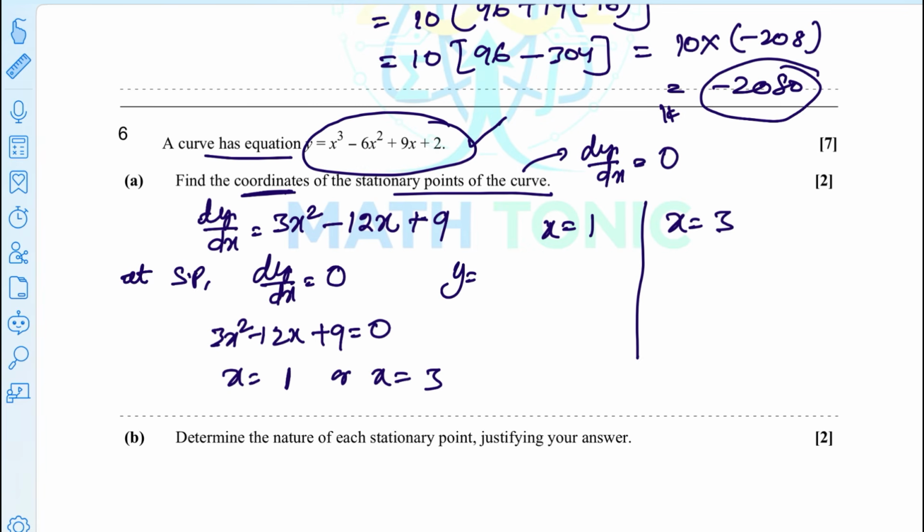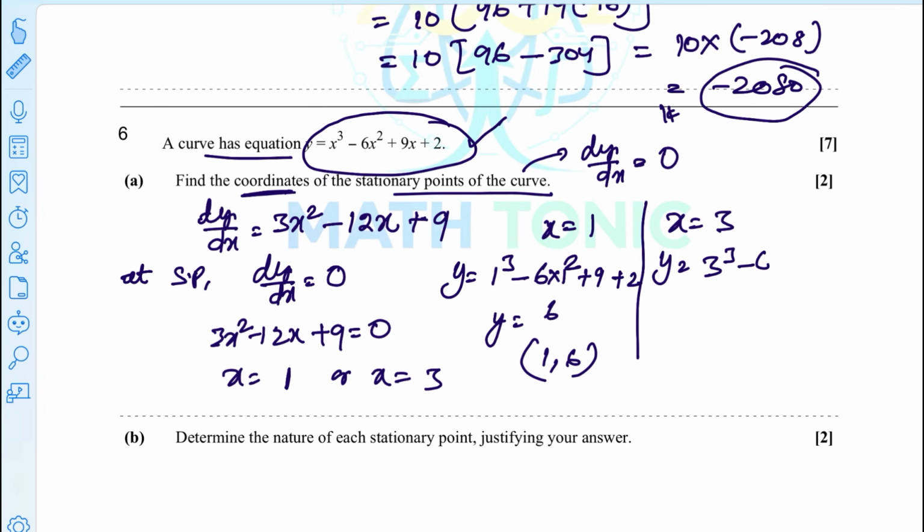So y means this is the equation we have. y equals x cubed means 1 cubed minus 6 times 1 squared plus 9 times 1 plus 2. When you simplify this, you will get 6. So one coordinate we got is 1 and 6. Is it okay? And for 3, y equals 3 cubed minus 6 times 3 squared plus 9 times 3 plus 2.